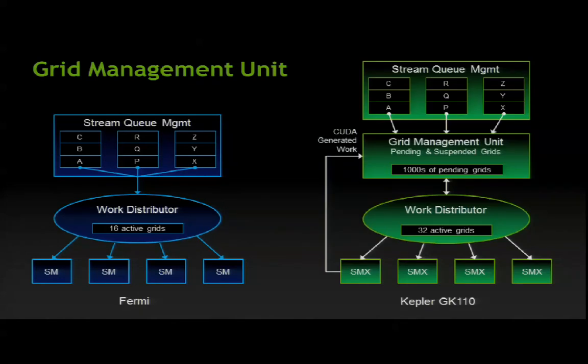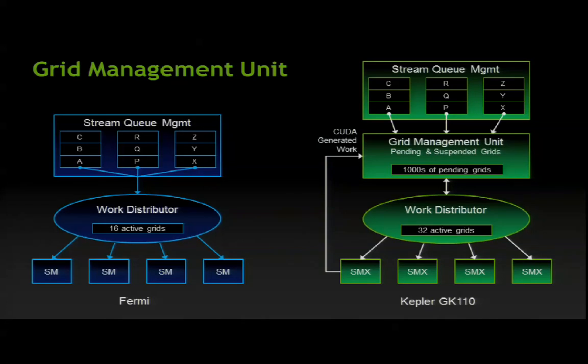And just as a different way of looking at how this was accomplished: here we had these different streams that were all put into a single work queue that was then dispatched out to the individual streaming multiprocessors. That's the Fermi world.